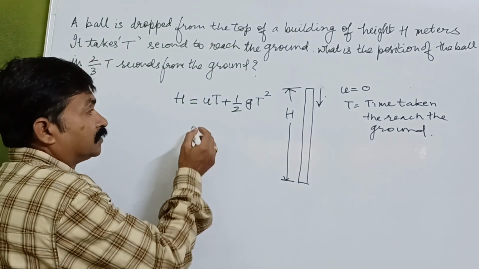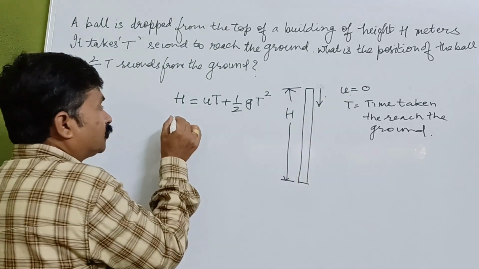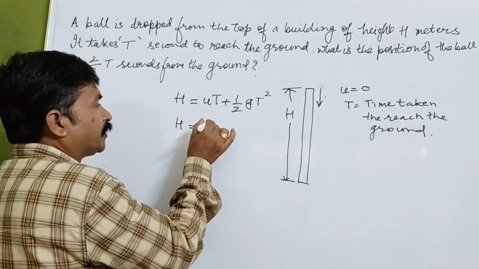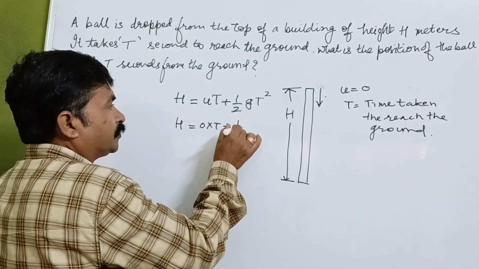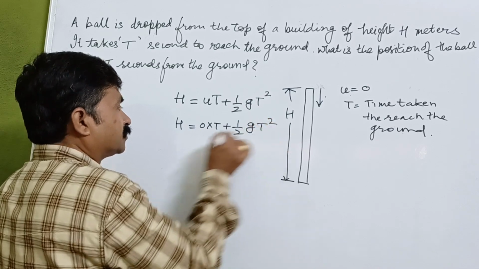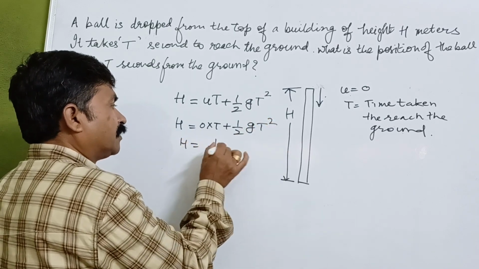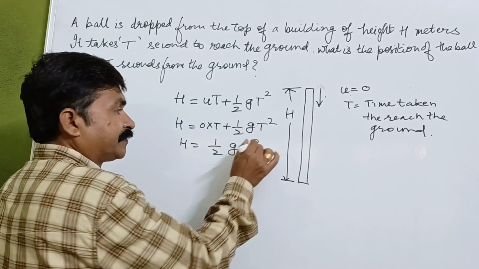Here the initial velocity is 0, so we have 0 into t plus 1/2 gt². So finally we have h = 1/2 gt².